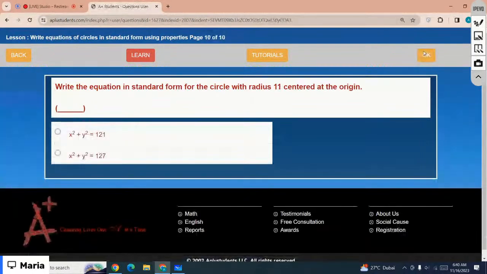Write the equation in standard form for the circle with radius 11 centered at the origin. So, which is the correct option?